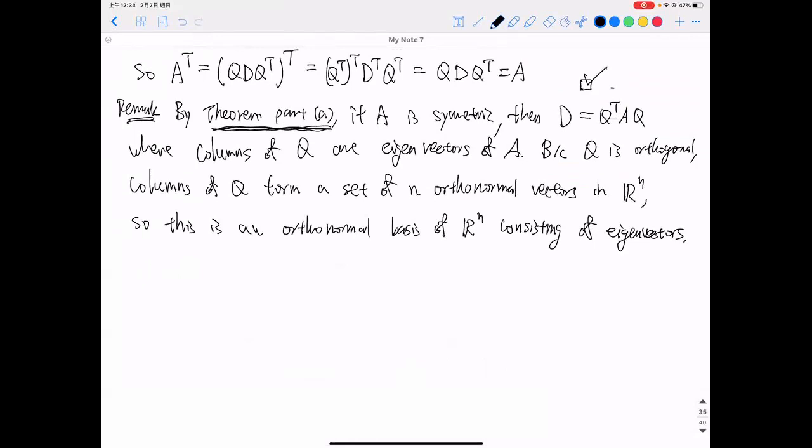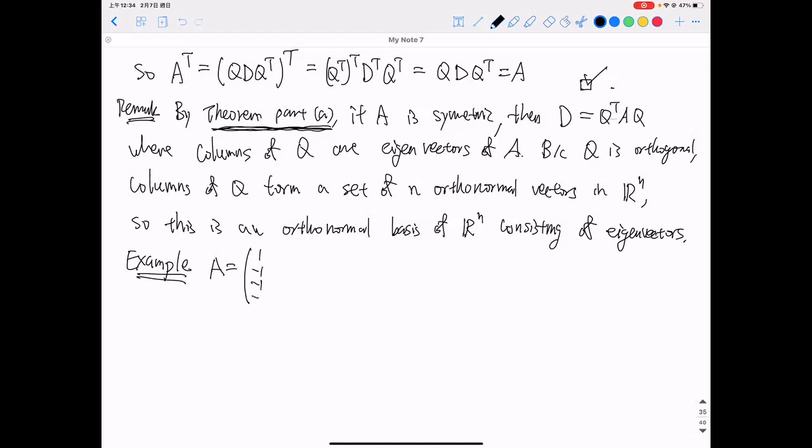Now let's look at some example. So this is a somewhat bigger one.